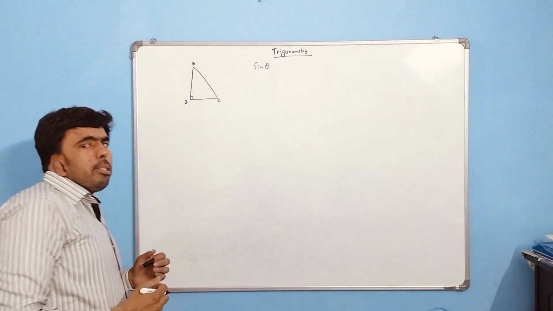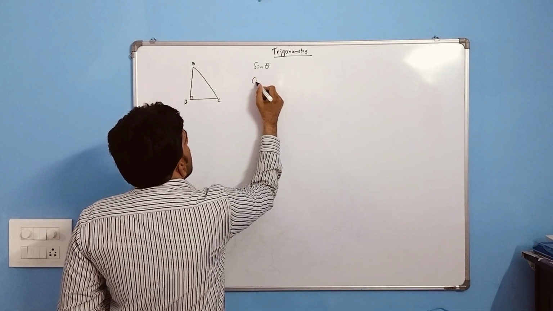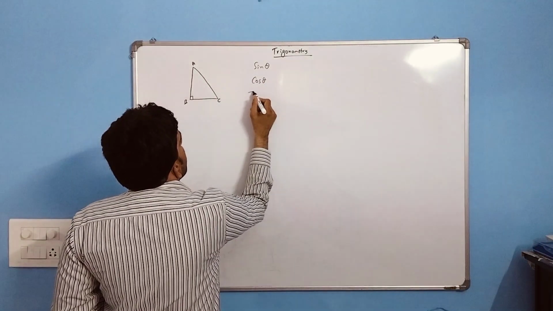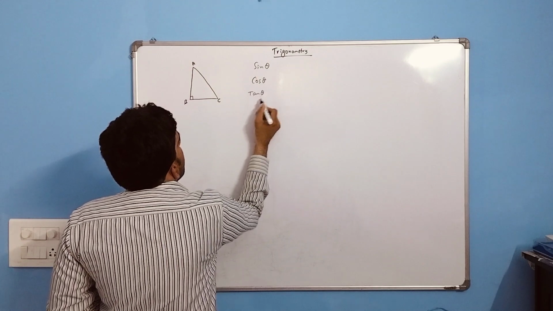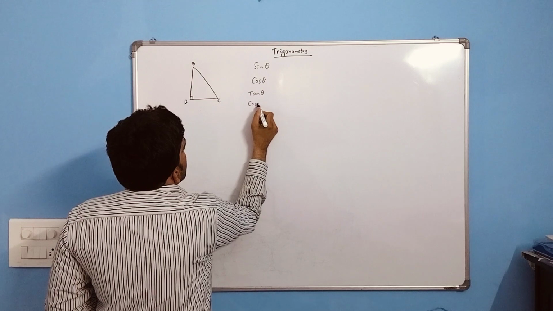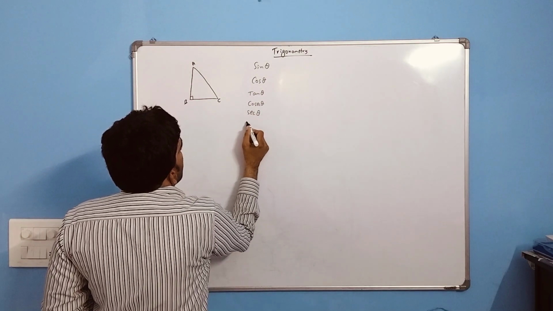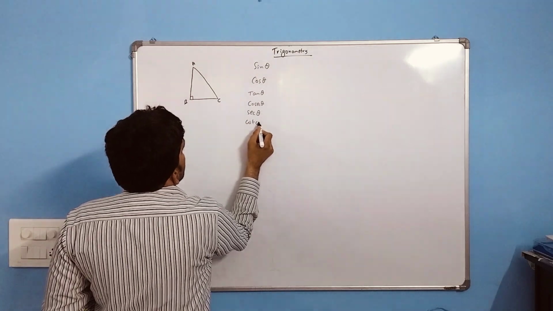We have 6 ratios in this. One is sin theta, another one cos theta, tan theta, then we have cosec theta, sec theta, and cot theta.